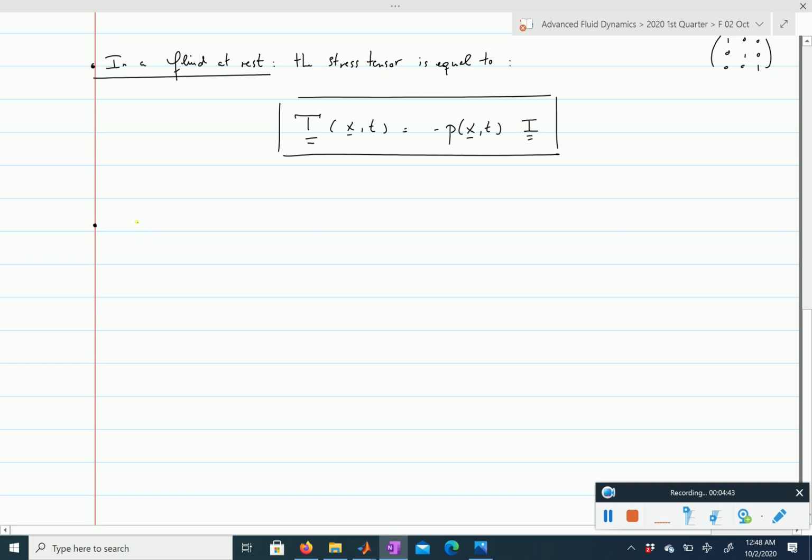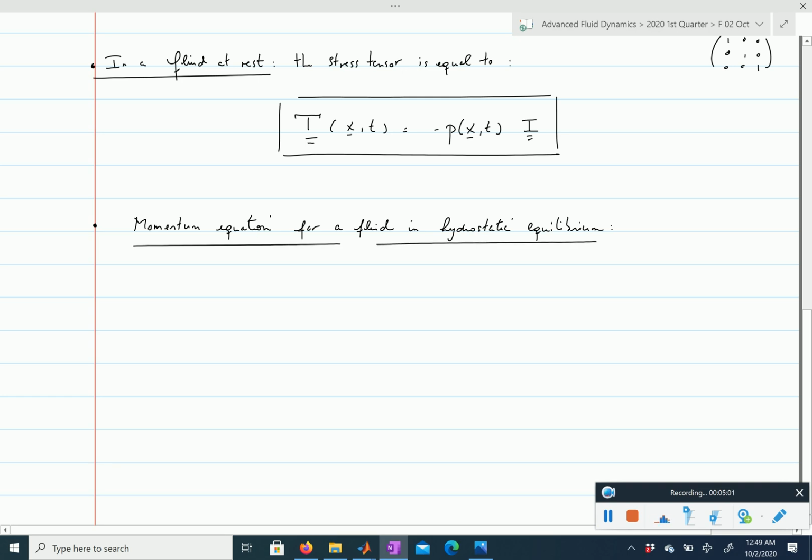So what is our momentum equation for a fluid in hydrostatic equilibrium? Remember, we derived the Cauchy momentum equation: rho times the material derivative of u is equal to the divergence of our stress tensor plus our body forces.